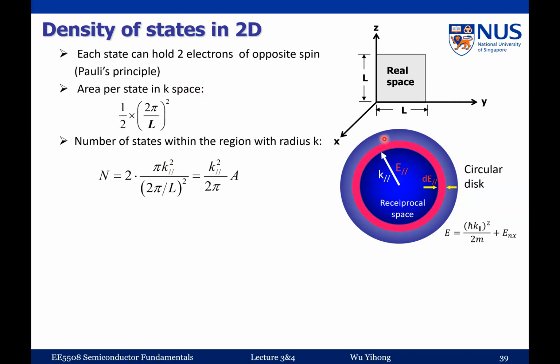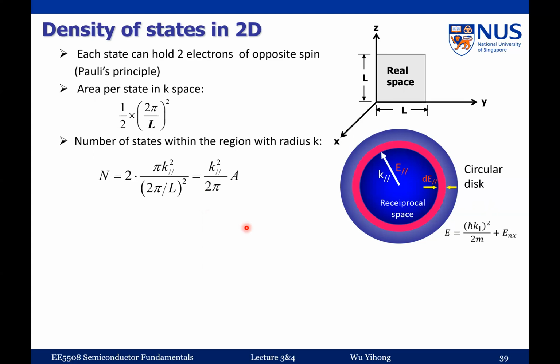Now, if we don't look at the whole Fermi disk but just a small disk inside it, basically this region, and this radius is given by k parallel, then we can calculate the area of this disk as π k parallel squared. That is this one. This is divided by the area occupied by 1 electron, which is this one, and then you get the total number of electrons in 2-dimensional reciprocal space, because your real space is also two-dimensional. So this is what you have.